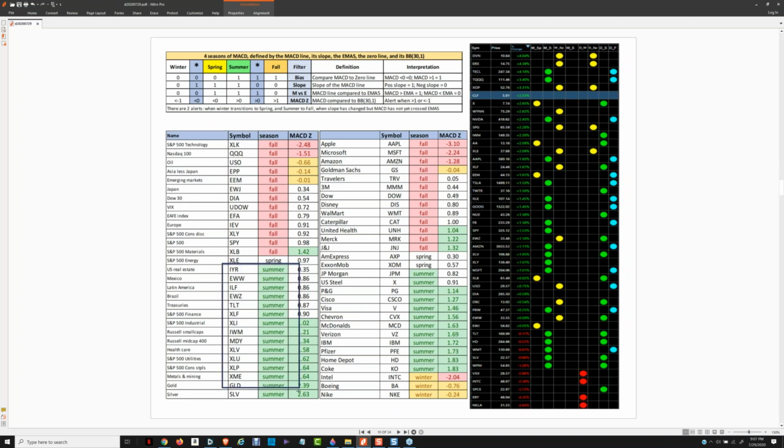All of these things in the summer are where that new relative strength is going. And these are the ones that are lagging behind here in the fall. I just think you get a chance to buy those three on sale. And then these three in the winter are the real laggards: Nike, Boeing, and Intel.